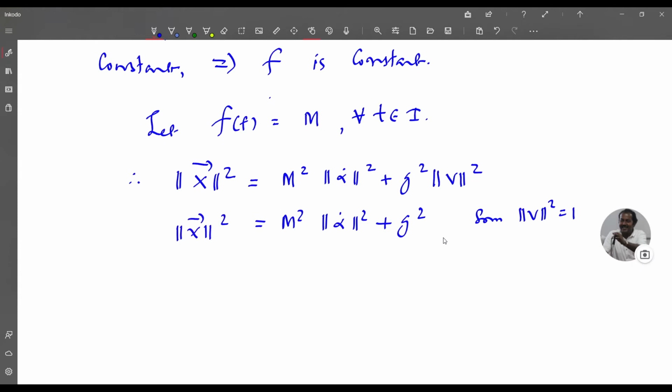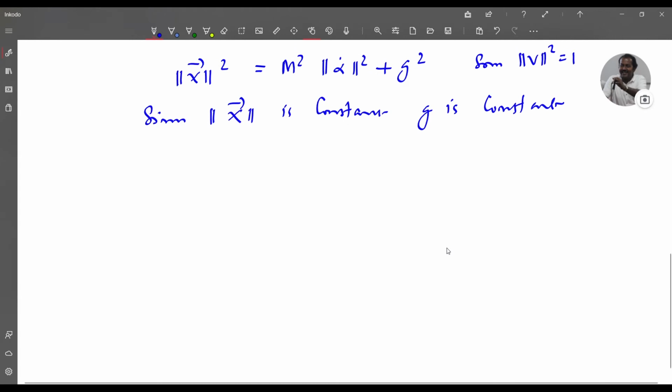So you know that norm x square is a constant, norm alpha dot square is a constant, so this implies g is a constant. Since norm x is constant, g is constant. So let g of t equal n for all t in I.